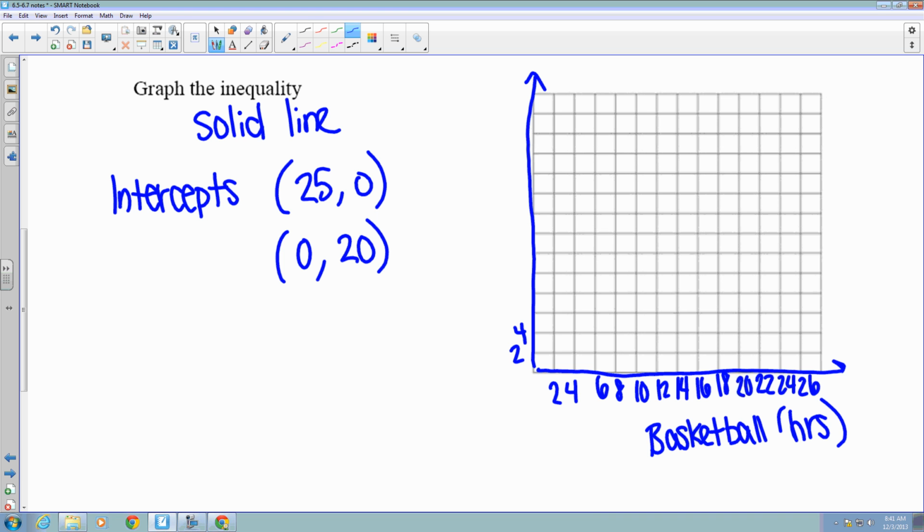Go by 2's this way. And this is swimming. So your first point is 25, 0, which is right here. Your other point is 0, 20.